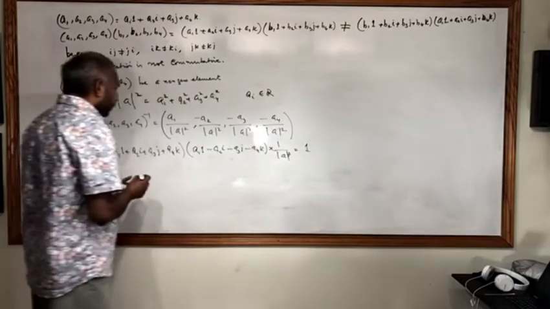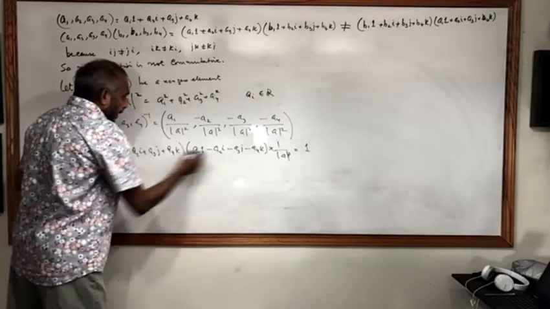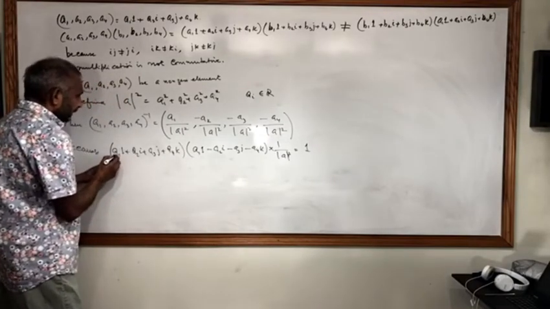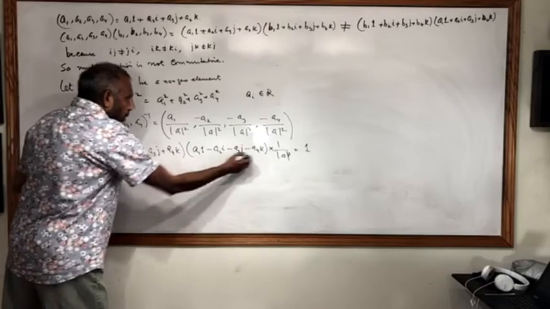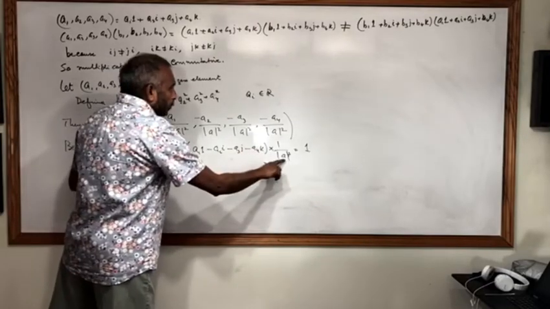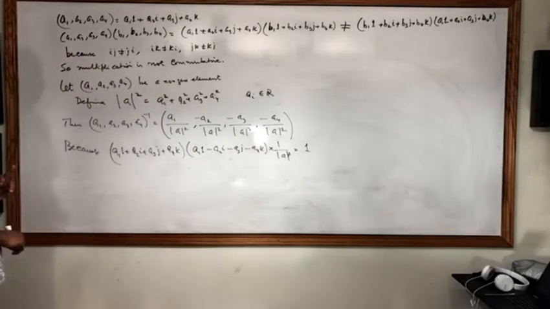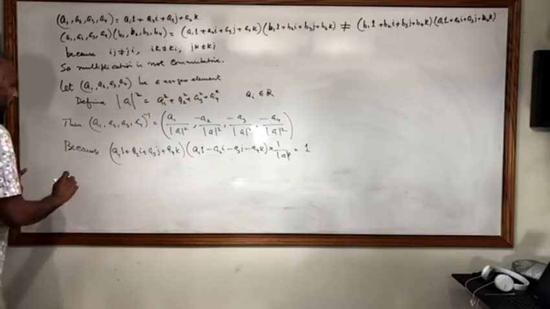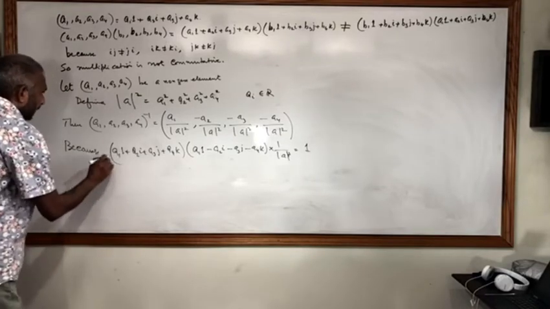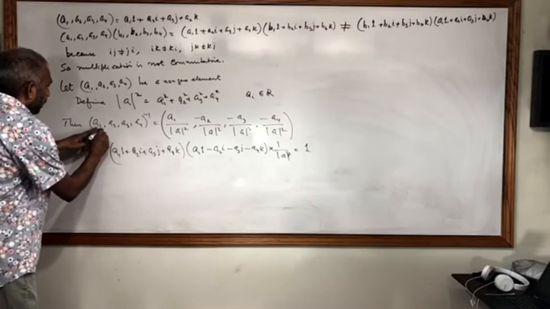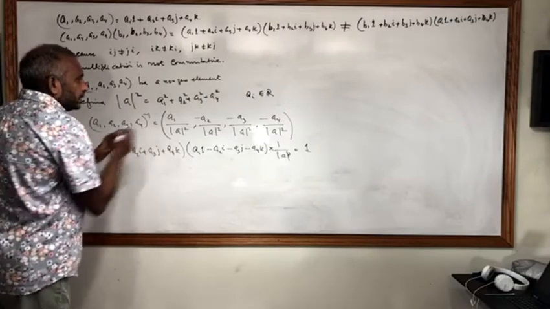I'm not going to compute this one. You can multiply and we'll see that the whole thing will be A square. So that implies this is the inverse of (a1, a2, a3, a4).